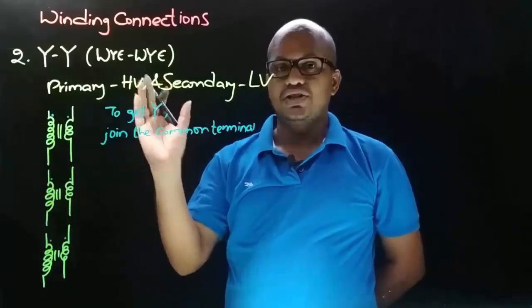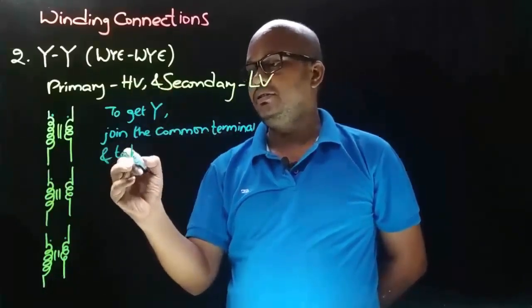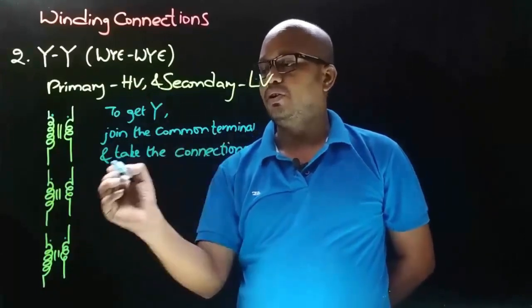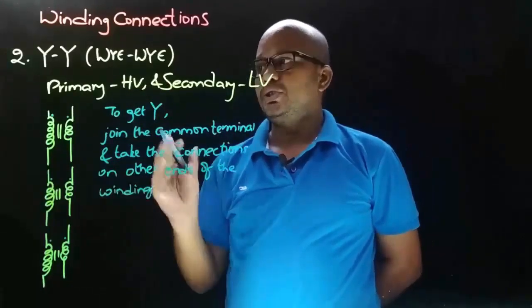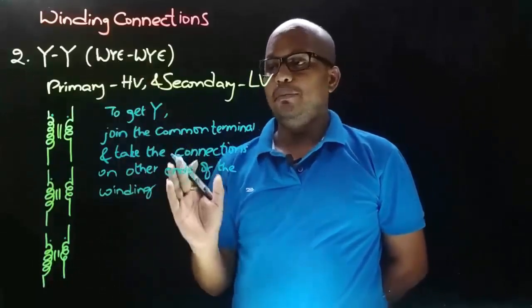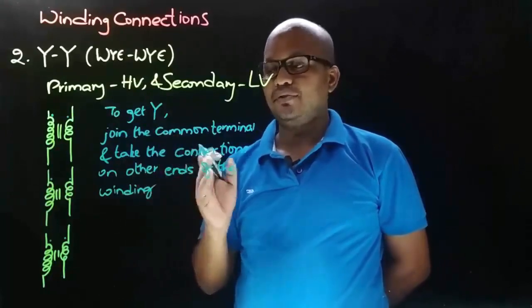So to get star connection, we must join the common terminals and take the connections on other ends of the winding.